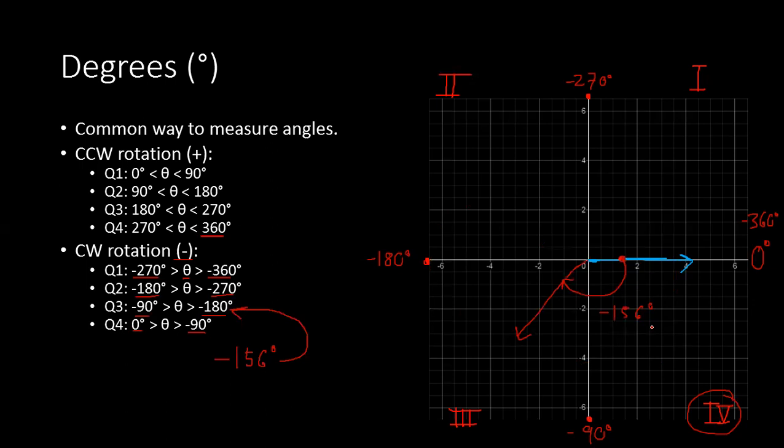These are the things that you need to know for you to measure angles. Now that we know the ranges of angles when it comes to the rotation, what happens if the terminal side coincides with the axis?